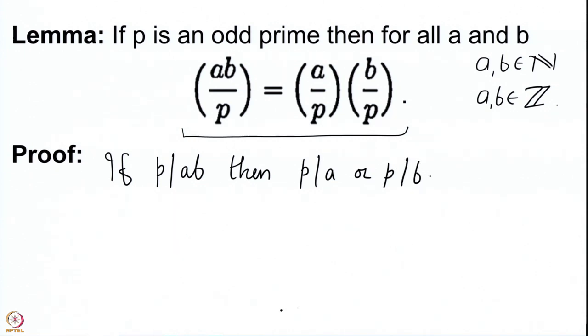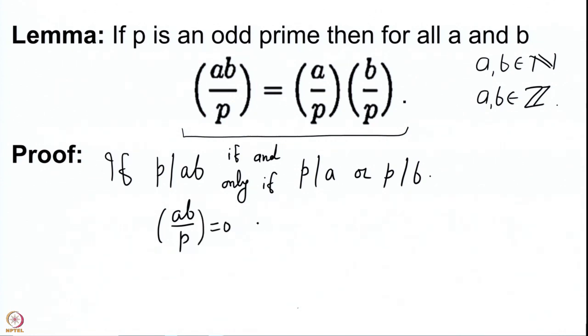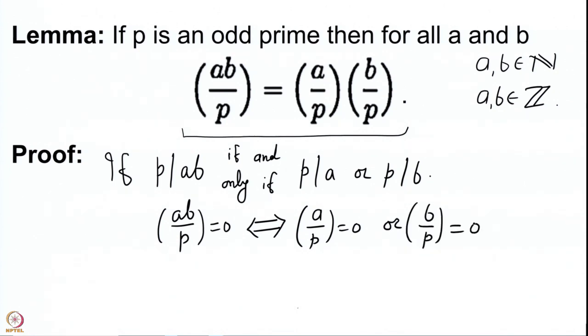This is one statement that we know quite well by now, and this is in fact also true if and only if p divides a or p divides b. So, we will get that (ab/p) is 0 if and only if (a/p) is 0 or (b/p) is 0.